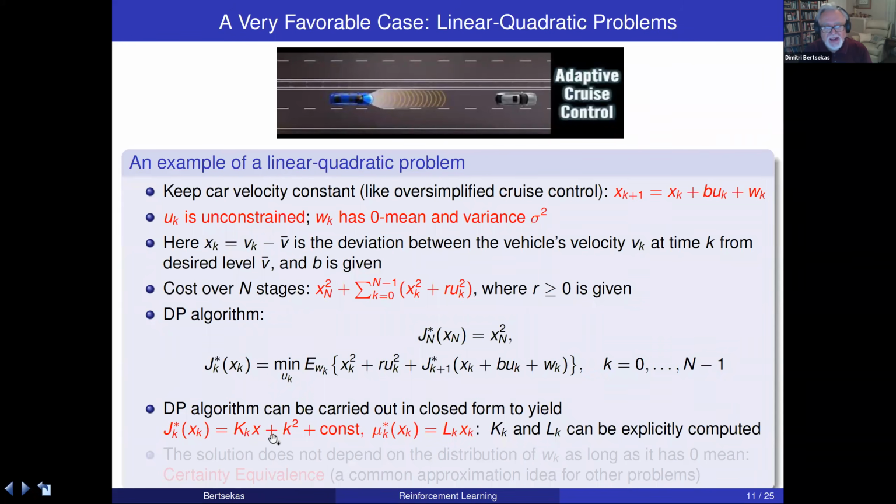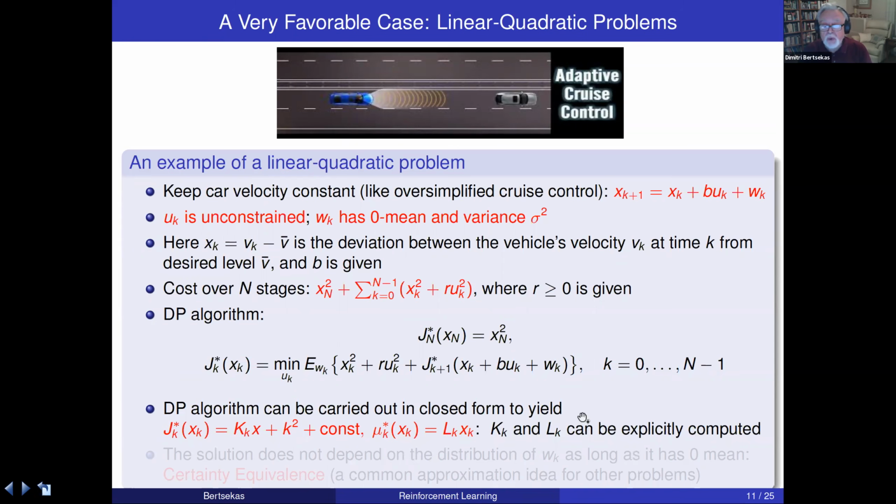The optimal cost to go is quadratic. That's what we're going to show. And Kk is some scalar that can be explicitly computed. The optimal policy is a linear function of the current state. Lk, this coefficient, is a scalar that again can be explicitly computed.